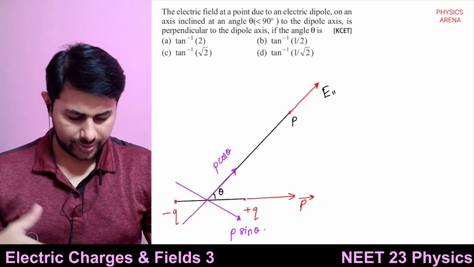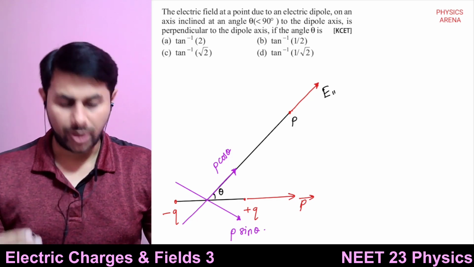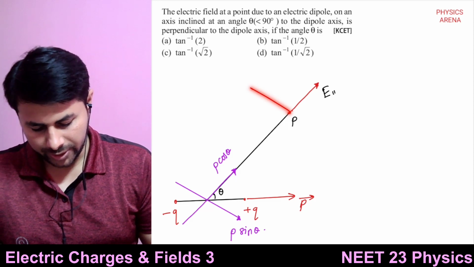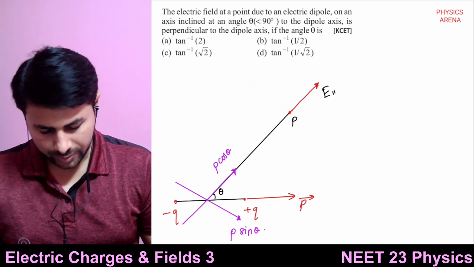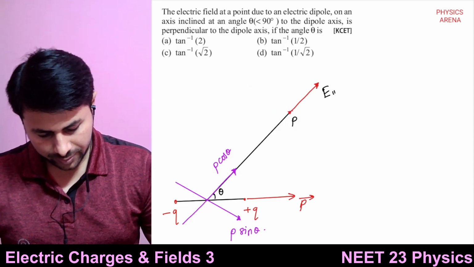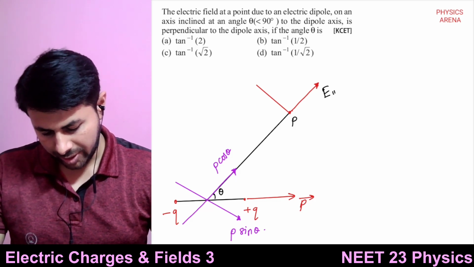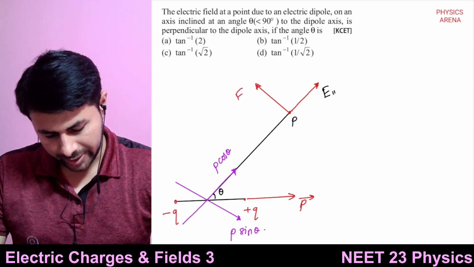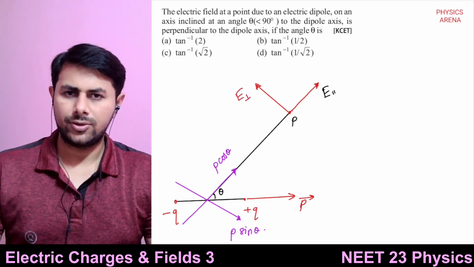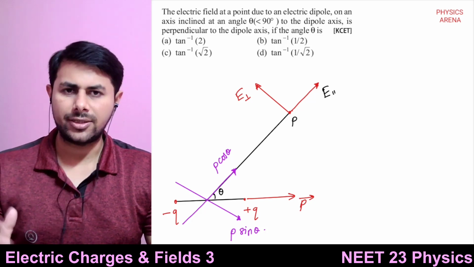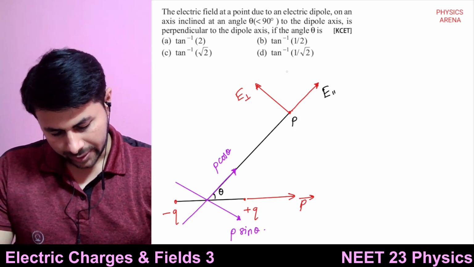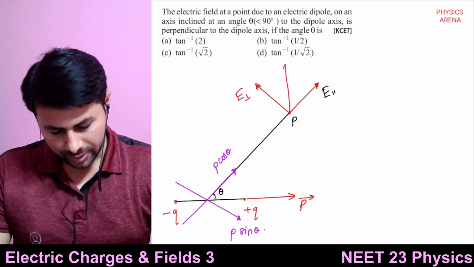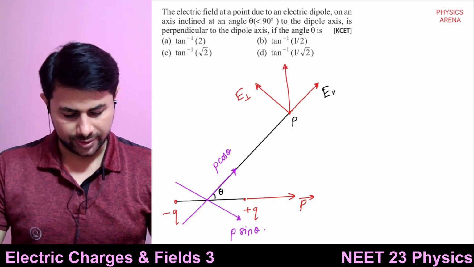For the equatorial point, the direction of electric field is opposite to that of the dipole. So this one would be E perpendicular. The net electric field is the vector sum of these two, so it will be directed something like this.